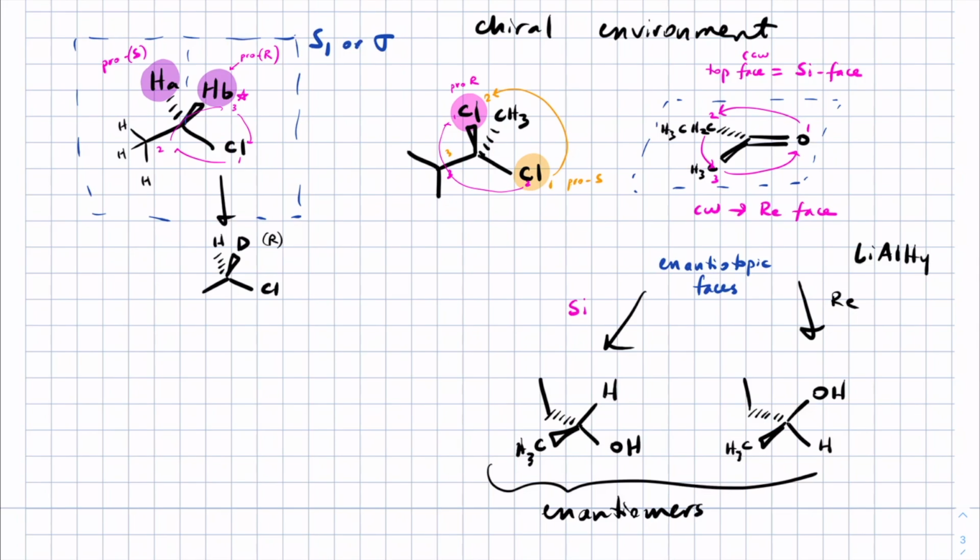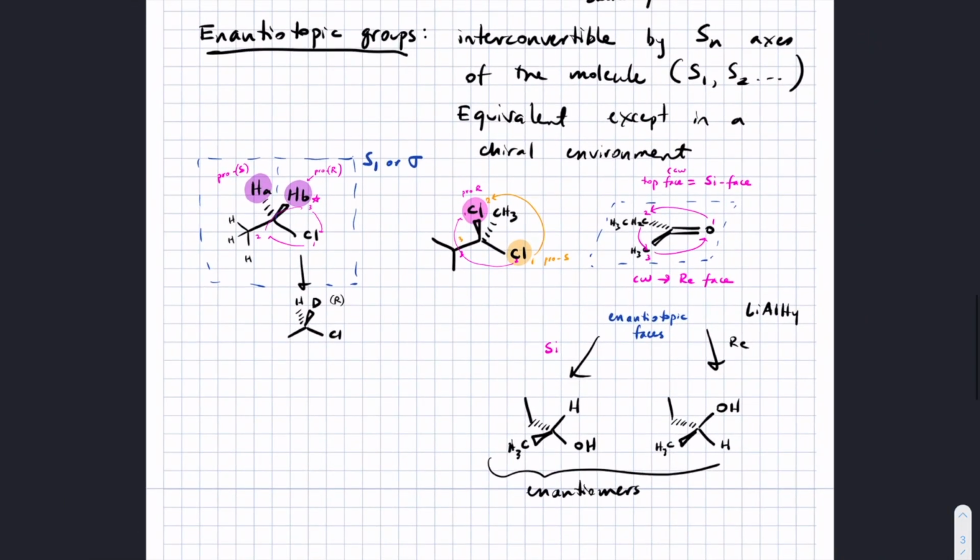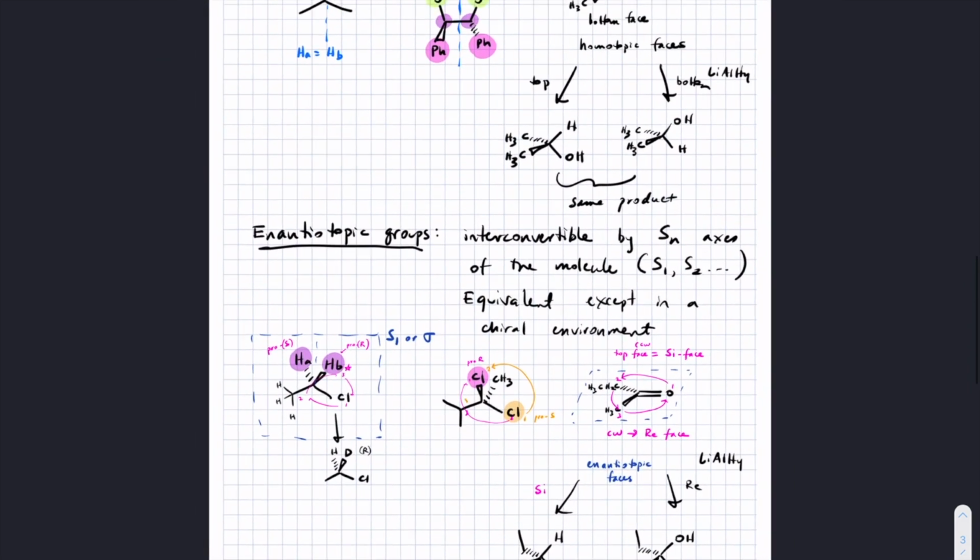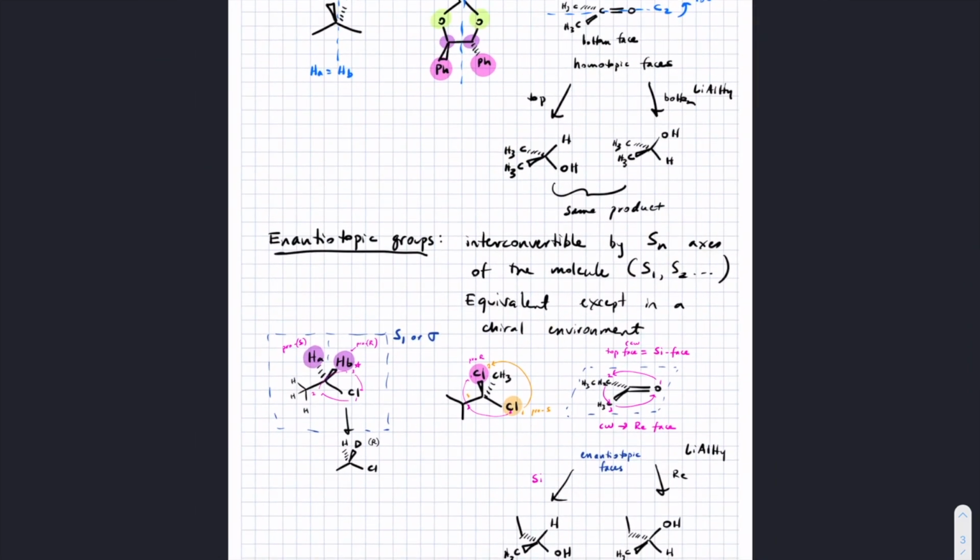Now, we did that in 351 and 352 without calling it this. We would say, oh, this molecule is flat and the one face is the same as the other, and therefore, but it's useful to recognize the difference between the ketone I've shown you here that has enantiotopic faces and the ketone above that has homotopic faces.